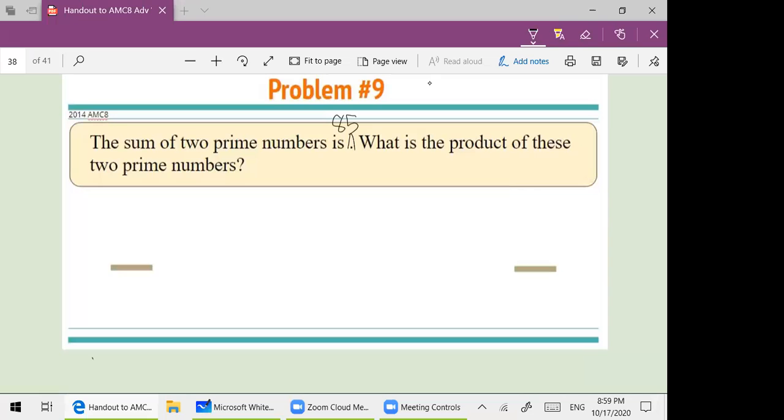Okay, so this is an easy problem. So clearly, since this is odd, the primes are 2 and 83. If the 83 weren't prime, then this problem would be impossible. And the product is just 166.